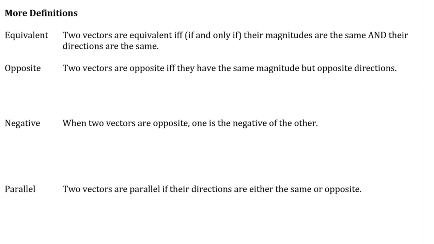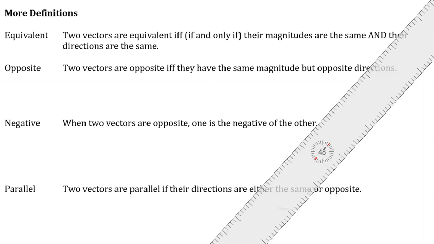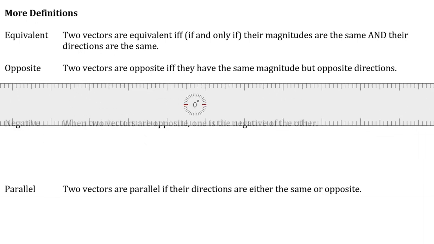Opposite. Two vectors could be in the opposite direction of each other. That's not what the word opposite means. Very specifically, two vectors are opposite of each other if and only if they have the same magnitude, but opposite directions. So let's say I have one vector that's going this direction.